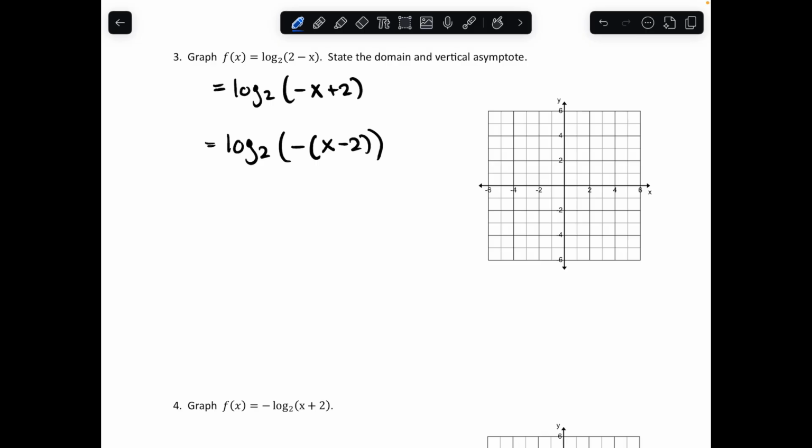With this, we can see what's happening to our function. So first off, we have this minus sign right here. This is going to correspond to a flip over the y-axis. Then we also have this x minus 2. This is going to correspond to a shift 2 units to the right.